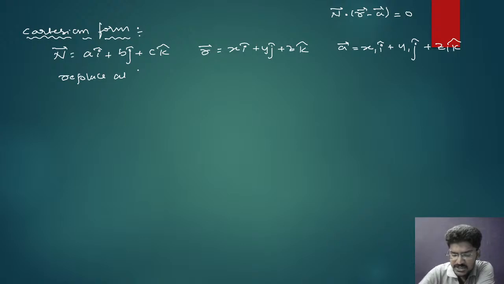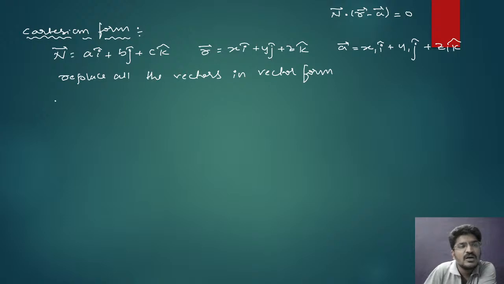Okay, replace all the vectors in vector form. Therefore that will be vector r minus vector a dot vector n is 0.